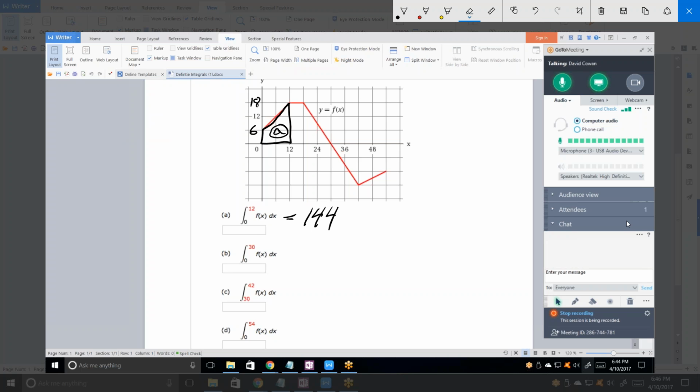Now, the area from 0 to 30, I got to add in this area to my first area. Well, what's this area?